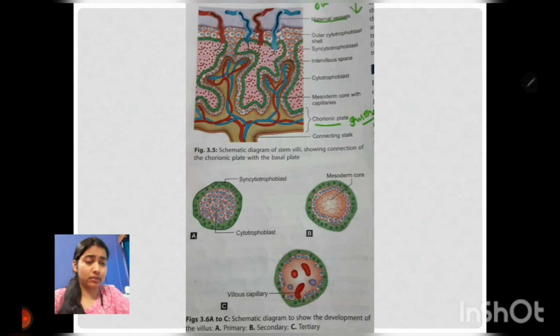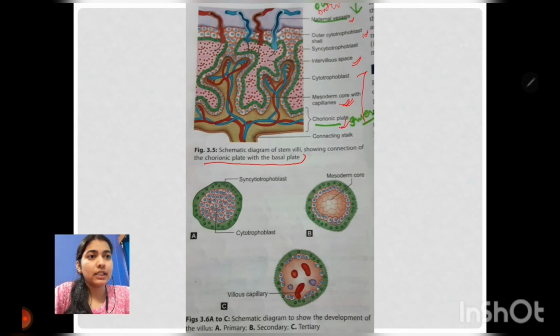Now this is a diagram of stem villi showing connections of the chorionic plate with the basal plate. This is the outer part of the placenta, the maternal side, in which maternal blood vessels are present, with outer cytotrophoblast and syncytiotrophoblast, the intervillous space in which maternal blood is present, and the mesodermal core with capillaries. This is fetal origin, and the chorionic plate on the fetal side.